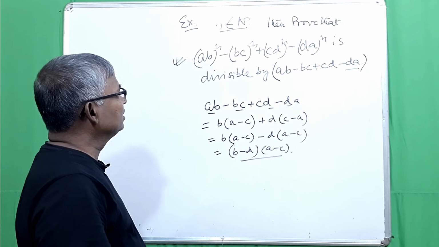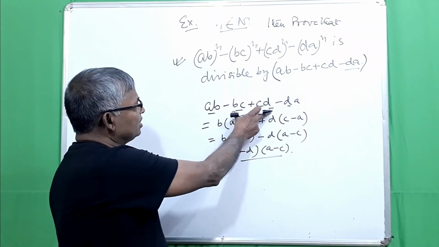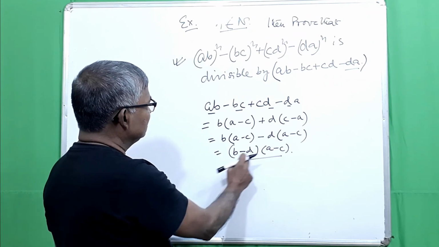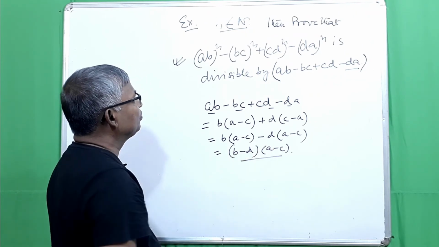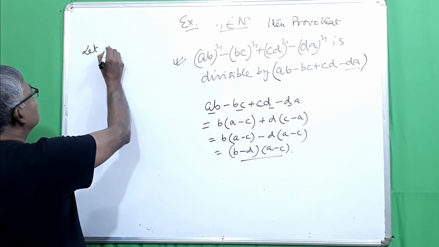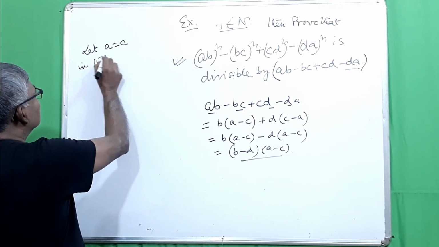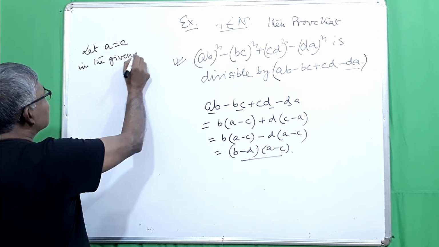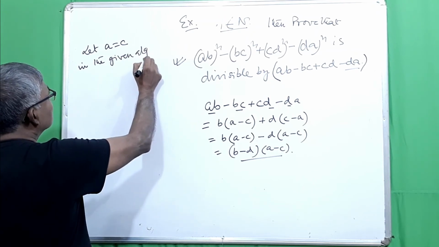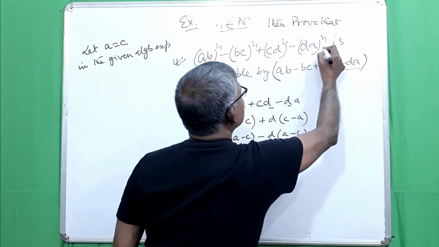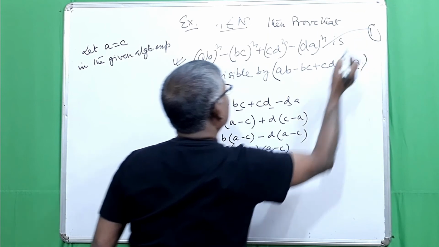Here we see the expression equals the product of two factors, a minus c and b minus d. Let us put a equal to c in the given algebraic expression. Let us consider this is 1.